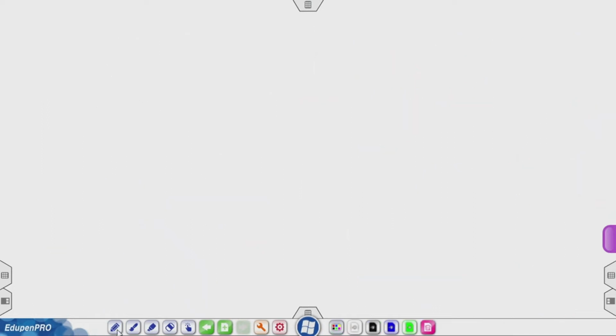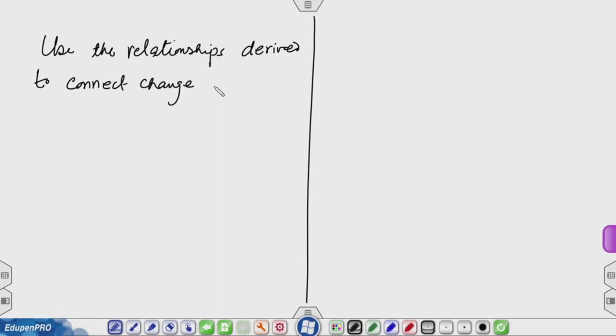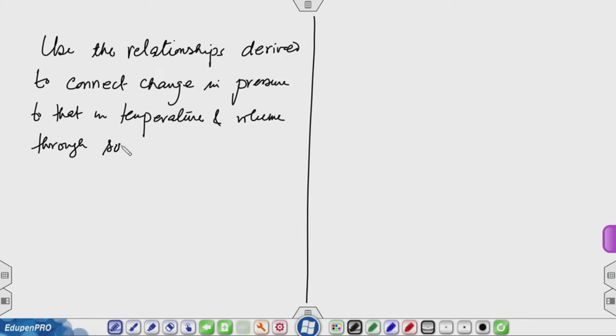So for example, use the relationships derived to connect change in pressure to that in temperature and volume through some properties of the system.